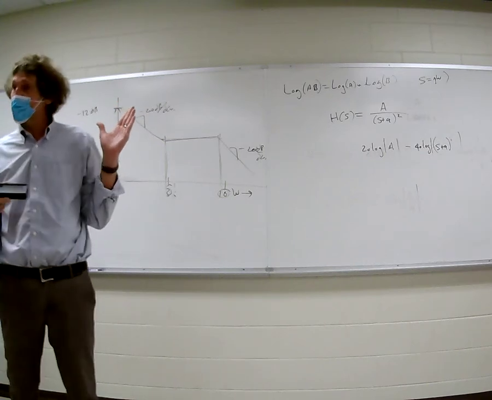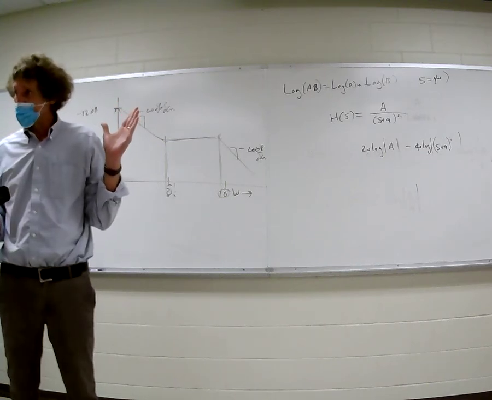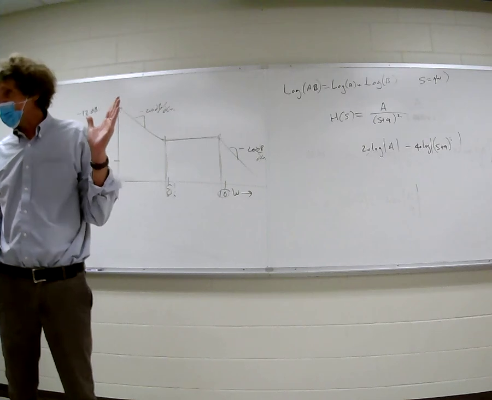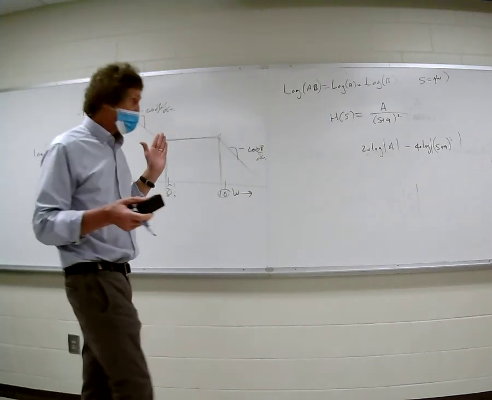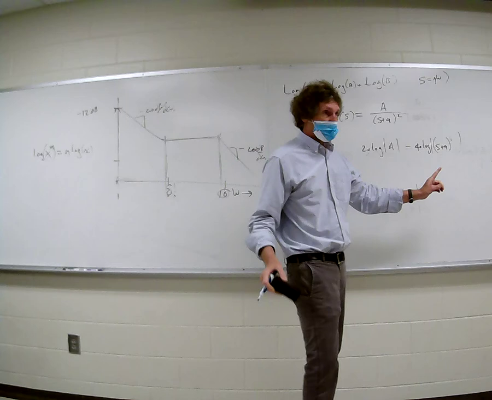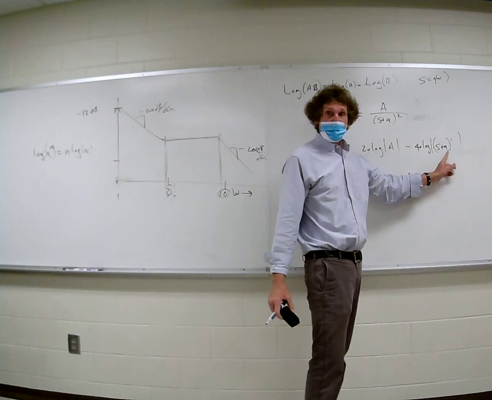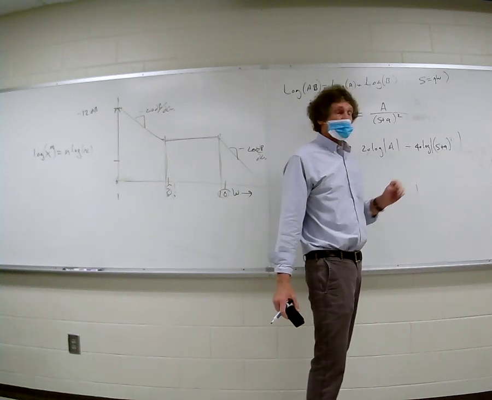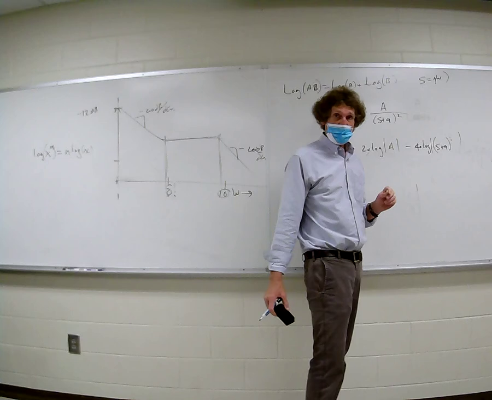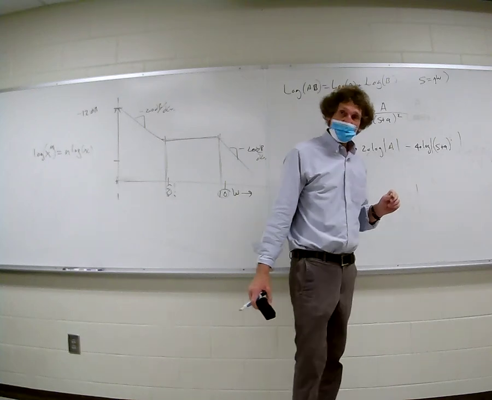Going up and down 40 dB per decade or 20 dB per decade is very common. The key thing is finding out when that kicks in, and it always kicks in. Now remember, I didn't put a coefficient of S here. It always kicks in when the S argument is equal to the pole value. Are you with me? Everybody?